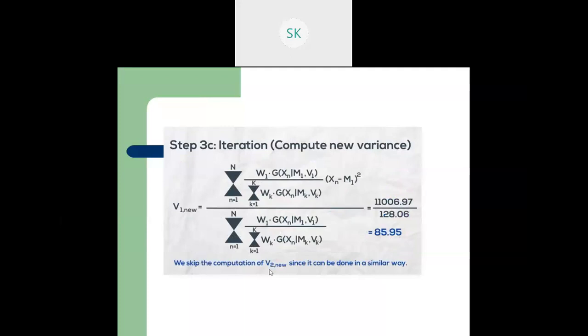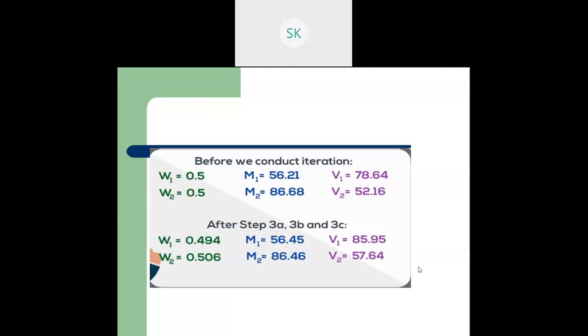We skip the computation for component 2 because it is calculated in the same way. So the updated variances, the new variances, are 85.95 and 57.60.